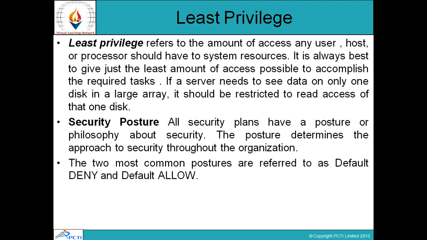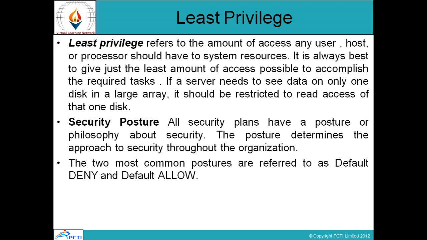If a server needs to see data on only one disk in a large array, it should be restricted to read access of that one disk. That means having the least privilege.